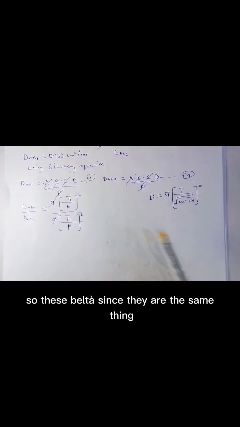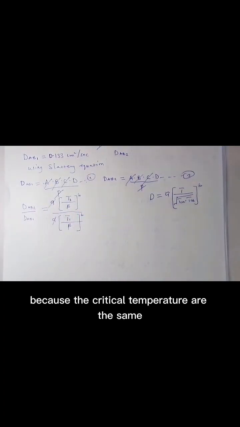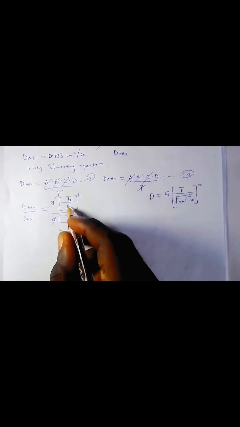This delta, since it is the same, because the critical temperatures are the same for the same mixture, will also cancel out.